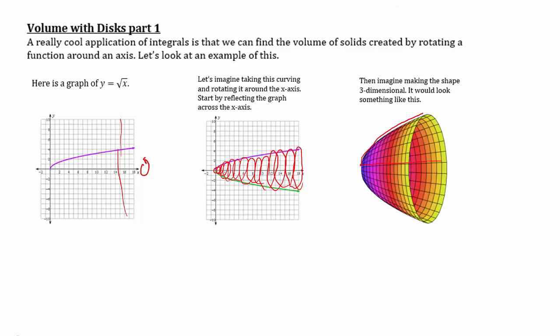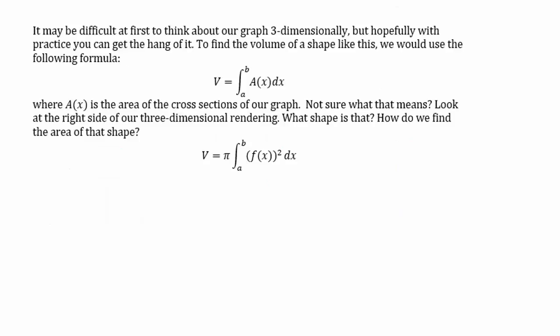In this formula, we are going to use the idea that volume is our area over a height. If you think about cylinders, when you did the volume back in the day, it's pi r squared h.